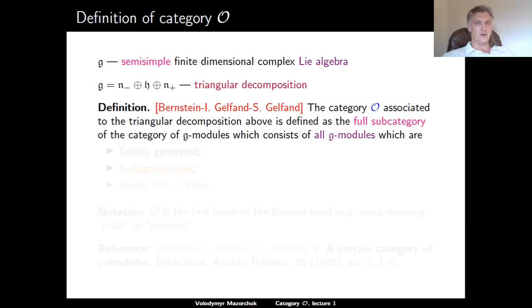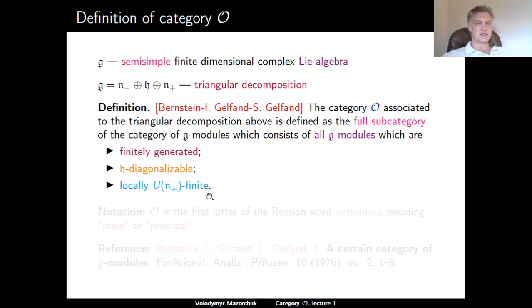So the category O associated to this triangular decomposition of g is defined as a full subcategory of the category of g modules, which consists of all g modules that are finitely generated, h-diagonalizable, and locally n plus finite. In a moment, we will discuss in detail all these 3 conditions.